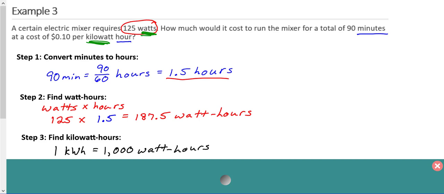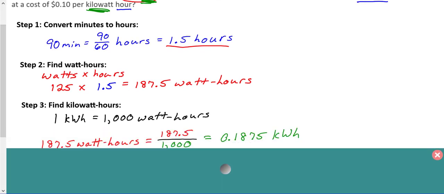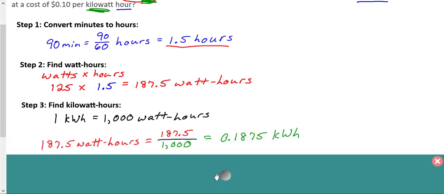Kilo, K-I-L-O, gives us a hint, because kilo represents 1,000. So we take our watt hours and divide by 1,000. We end up with 0.1875 kilowatt hours, and the initials kWh represent kilowatt hours.